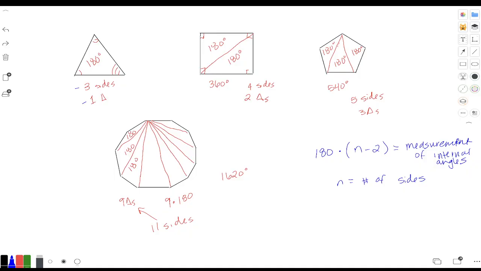Okay, we can do that for any shape here. If you have an octagon, an octagon has 8 sides. So we can use this formula then.